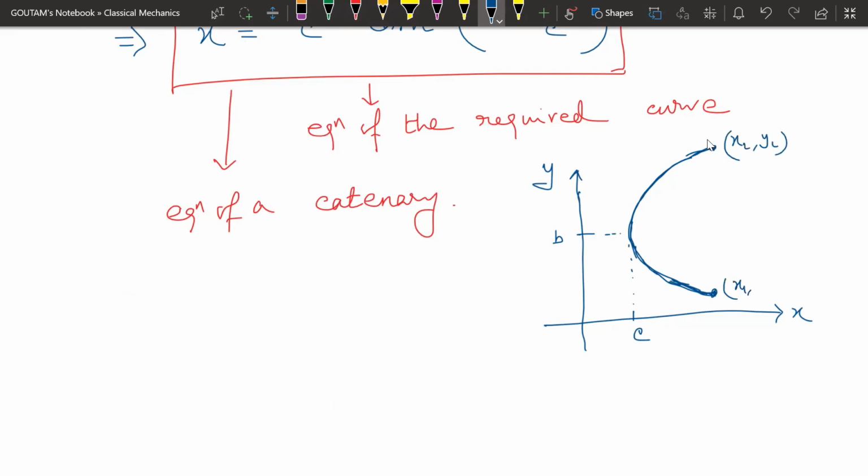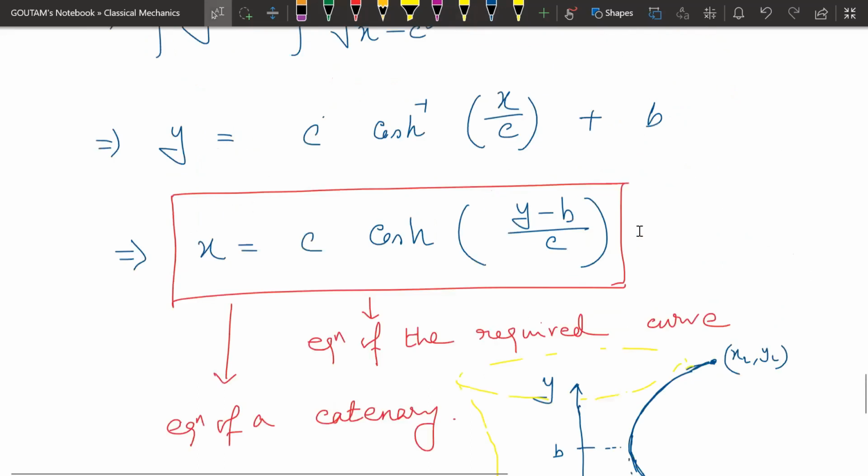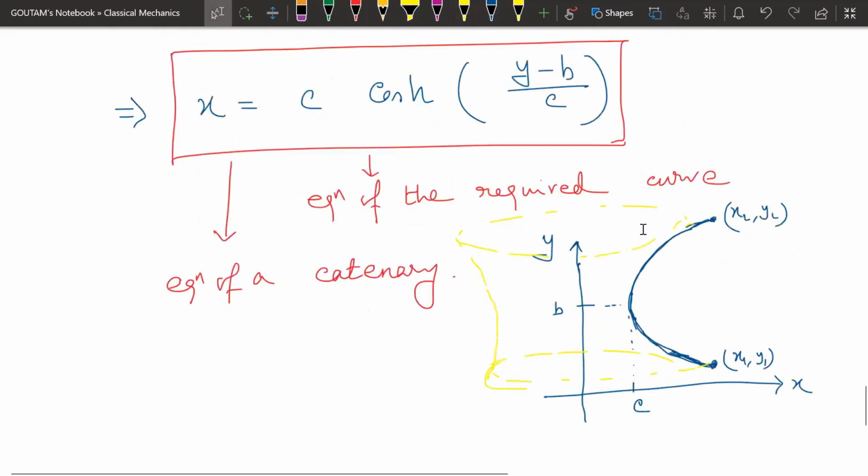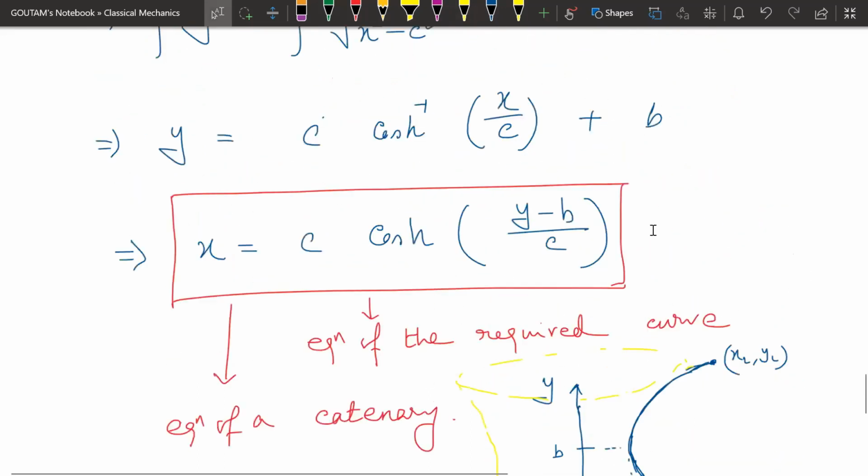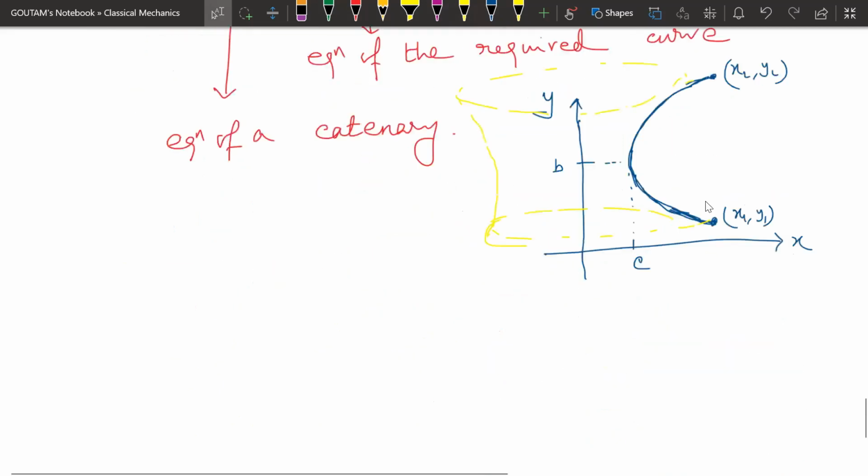And now if we rotate this curve along this y-axis, then the area it will cover will be the minimum. This is how we can apply the calculus of variations to different kinds of problems.